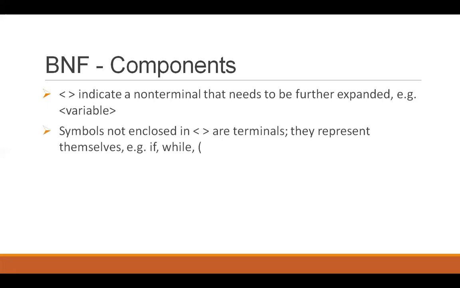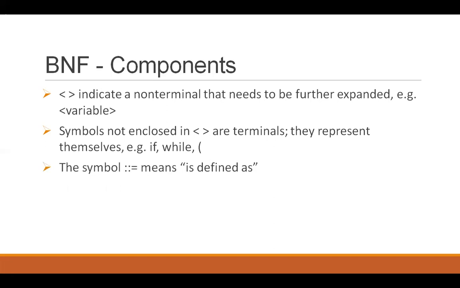Symbols that are not enclosed in the angle brackets are terminals, meaning they represent themselves. They are atomic. They don't need to be further defined in terms of something else. They are defining themselves. For example, a parenthesis cannot be further defined into something else. It's a simple character.